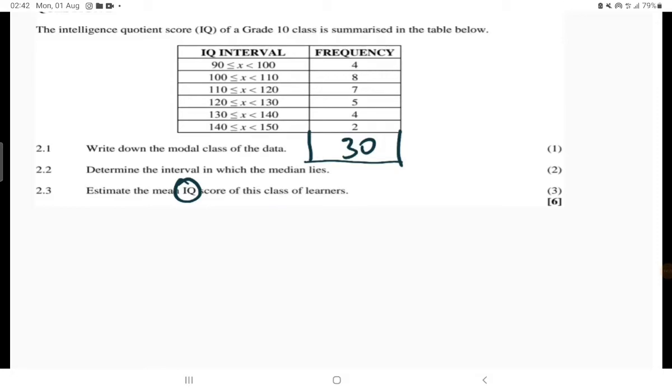So now we need to find the estimated mean of the IQ score of these learners that we have measured. Mean here is not necessarily the exact mean, it's the estimated one, because we really don't know the exact data, we just have intervals.